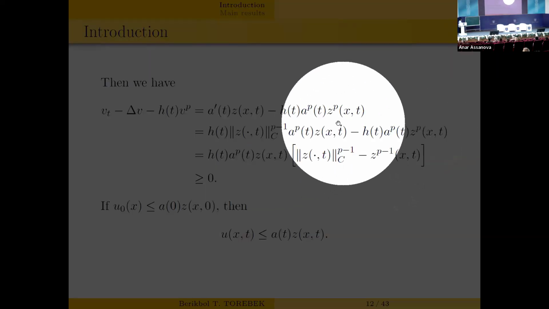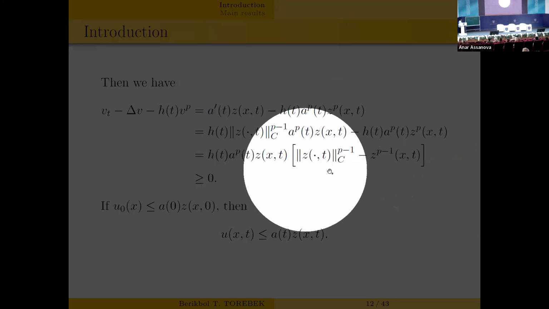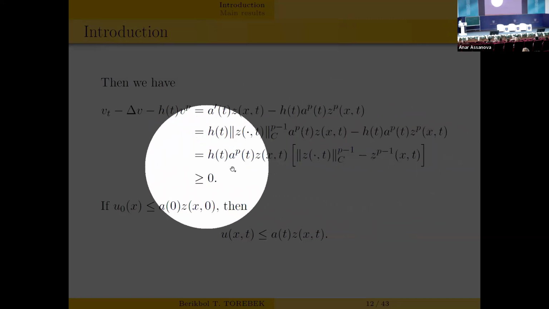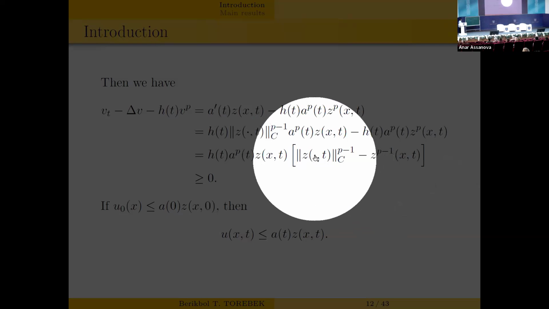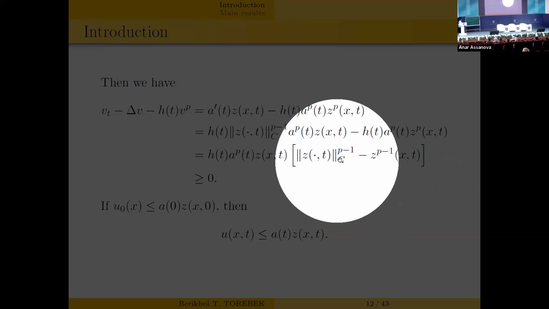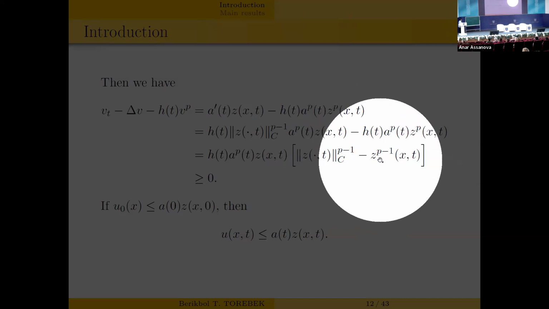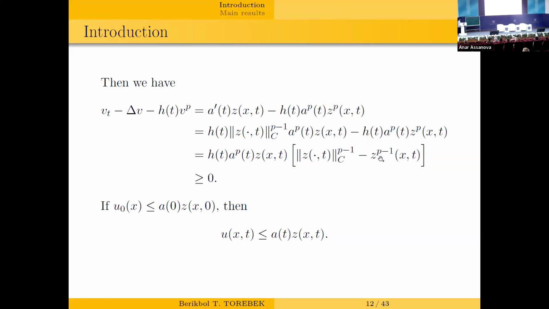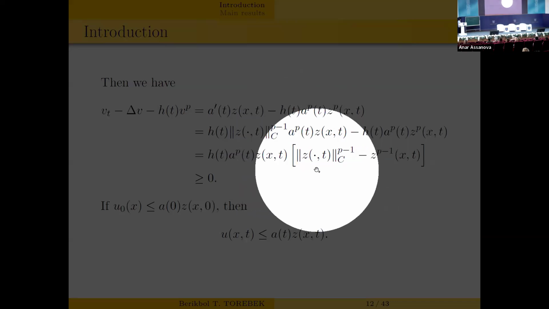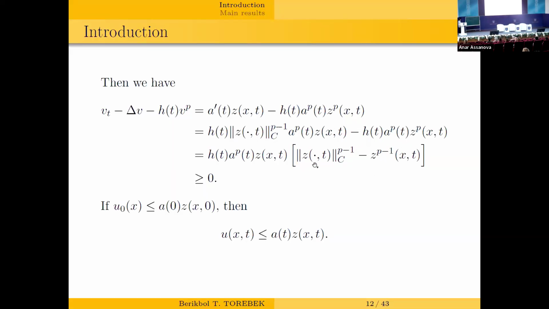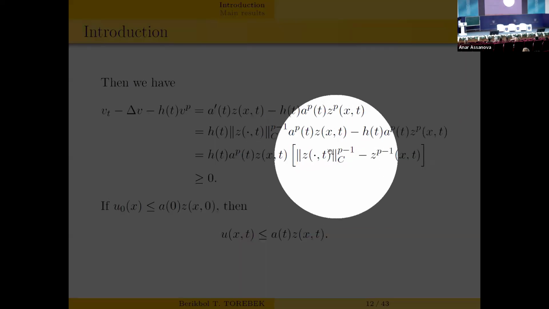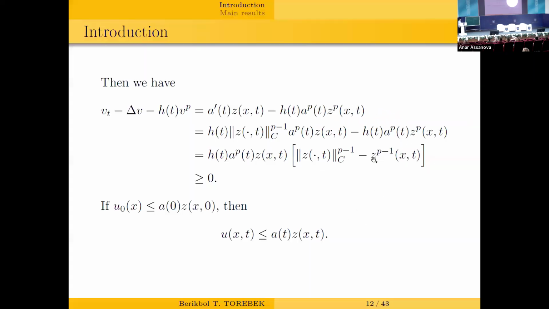Then we can rewrite this one also by this term. Inside the brackets, we have the supremum norm of z to the power p minus 1, and z to the power p minus 1, and here we have the supremum norm. Then at every time it is greater than this one.